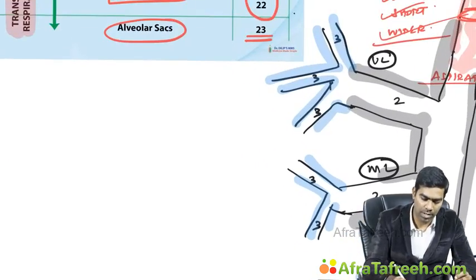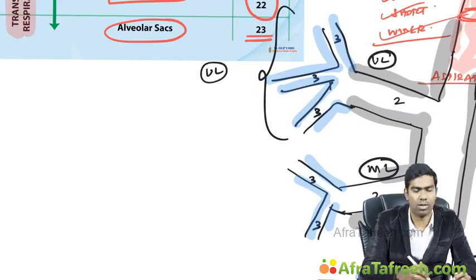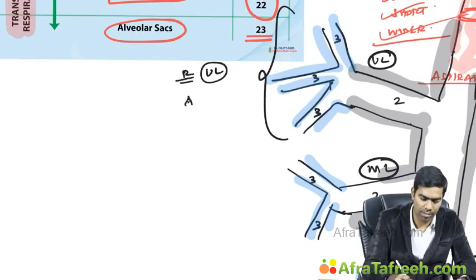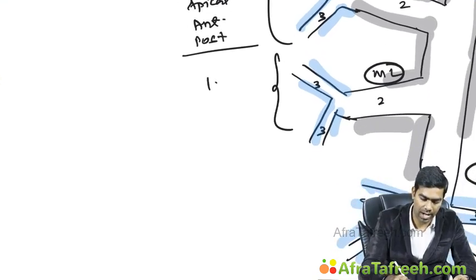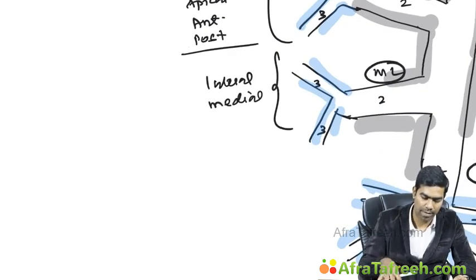What are the bronchopulmonary segments for the right upper lobe? You have the apical segment, anterior segment, and posterior segment. Similarly, in the right middle lobe, you have 2 segments, lateral and medial.